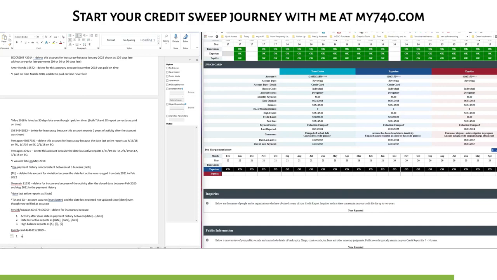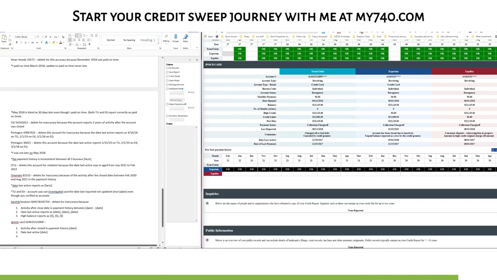So it's going to be activity after close and payment history. Remember to put the dates. Second one is date last active. Remember to put the dates. Date last paid. Remember to put the dates. And date last reported. And remember to put the dates.